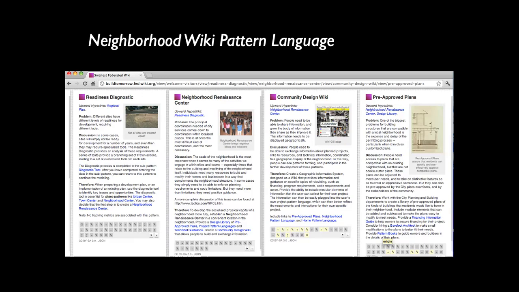And what you need is centers in the neighborhood that will allow that. And those centers need to have open access data platforms like a community design wiki that allows people to see what's going on and contribute to it and say, hey, I need this, or hey, I'm coming back, or hey, I'm looking for a contractor, do you know one, et cetera, et cetera.